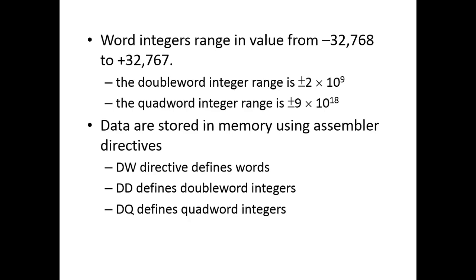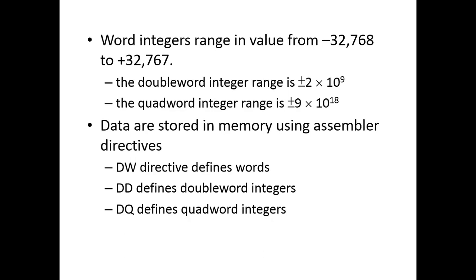The integer word ranges from minus 32,768 to plus 32,767, whereas the double word integer ranges from minus 2 into 10 raised to 9 to plus 2 into 10 raised to 9, and the quad word integer ranges from minus 9 into 10 raised to 18 to plus 9 into 10 raised to 18.